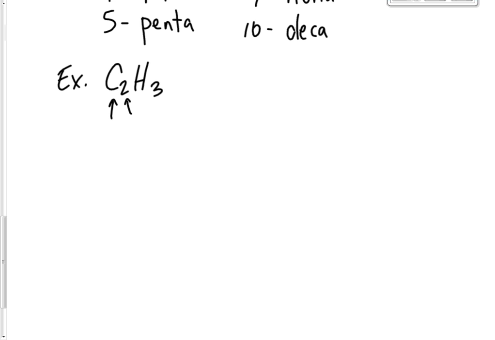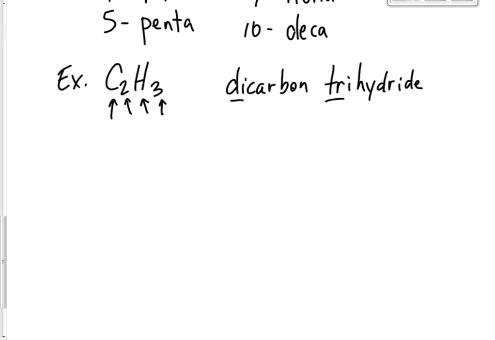So you have 2 carbons, so you have dicarbon. And then hydrogen. How many do you have? 3. So it's tri, and hydrogen is hydride. So dicarbon trihydride, you have 2 carbons and 3 hydrogens. No crossing over, no simplification, super, super easy.